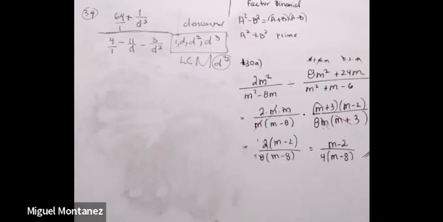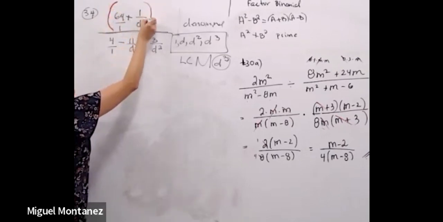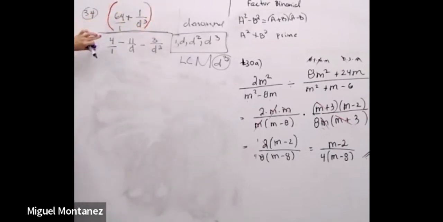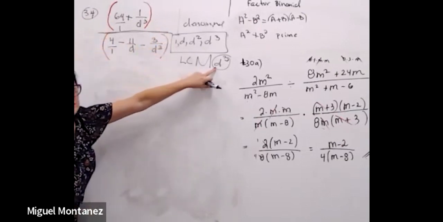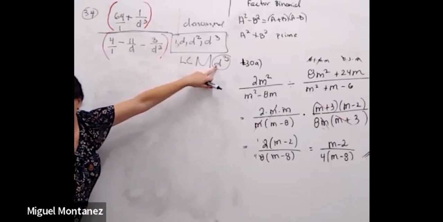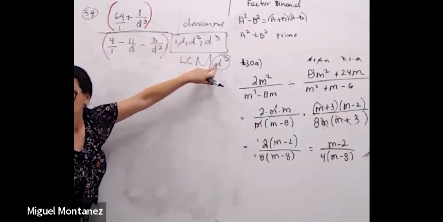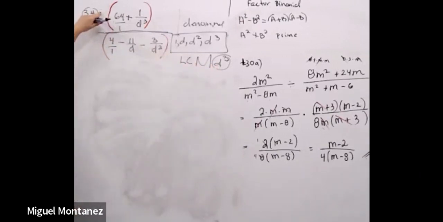What we're going to do with this d cubed is multiply the numerator and the whole denominator by this quantity, the biggest quantity. Why do we want the biggest quantity? Because the biggest quantity is the multiple, so we can cancel the smallest one. We don't want something small because we will not be able to simplify it.